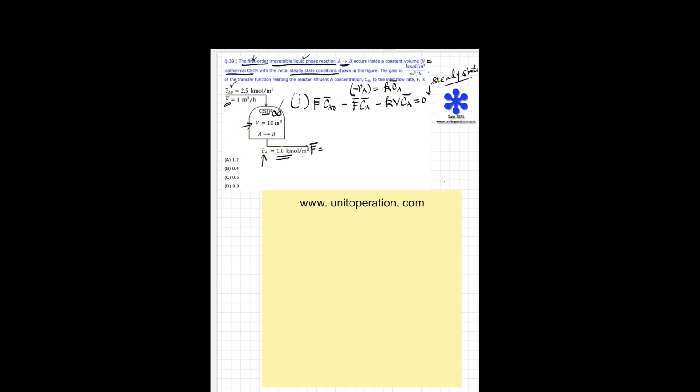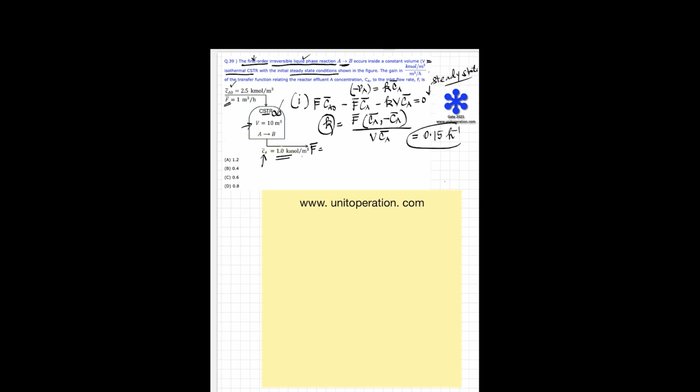If we rearrange this equation, we can find the value of k, which is equal to F̄ (C̄_A0 minus C̄_A) over V C̄_A. Once you substitute the values, this comes to 0.15 per hour. So that's my first step of this problem.